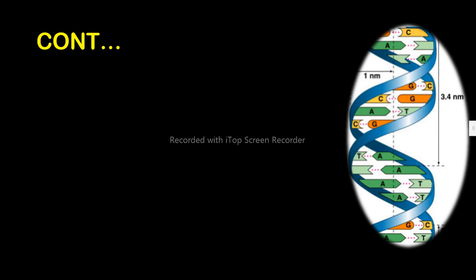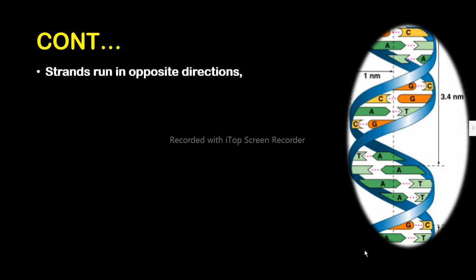Now, they hypothesized that the structure of DNA was strongly wound or strongly twisted to form that helical structure, that helix, and that the strands would run in opposite direction.